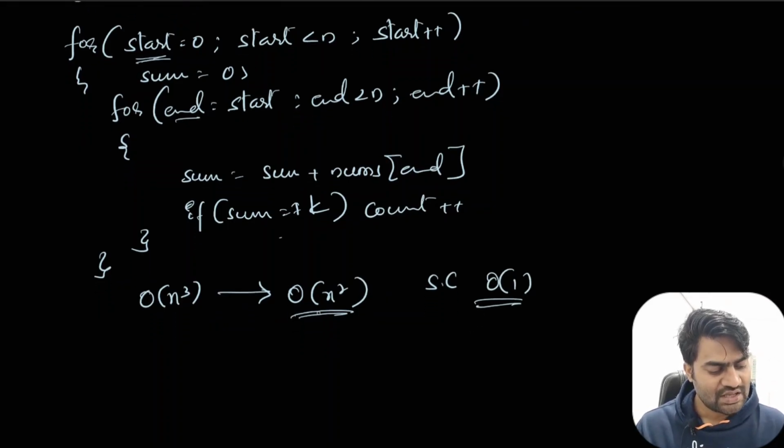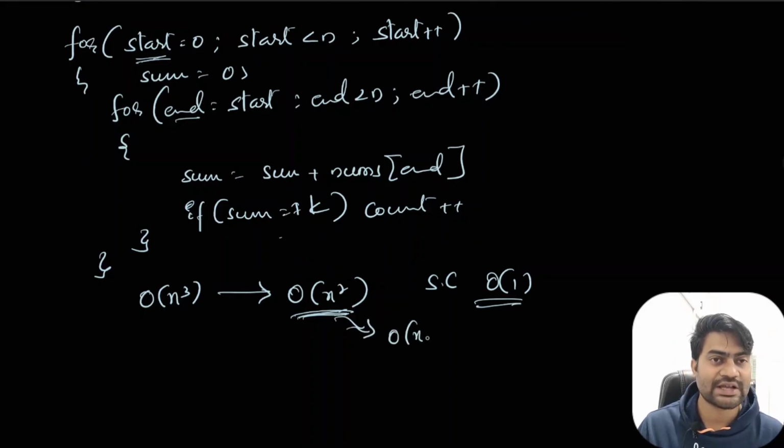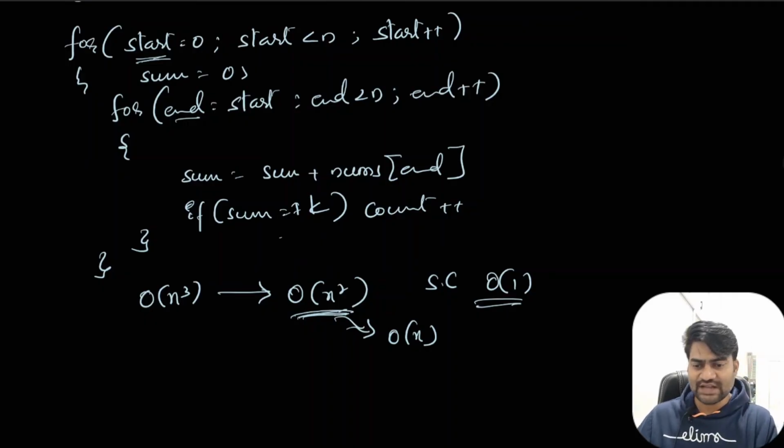If you see the input length is between 1 and somewhere 10 raised to 4, so it is again not a very great solution. We want to boil this down from O of n square to O of n. But before that, let us first execute and see.